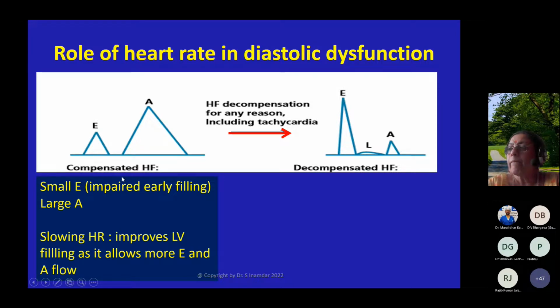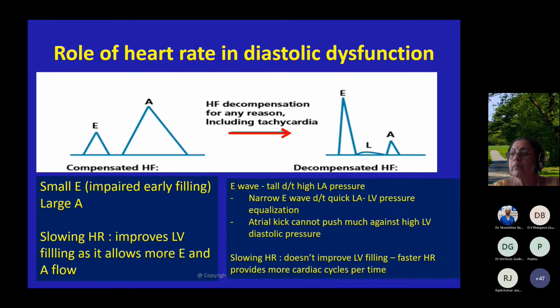So if tachycardia occurs at this stage, you can give a little beta blocker or any other agent to slow the heart, because there is adequate blood still remaining in the LA to push it further, and because of the increase in diastolic time, the heart will be able to pour more blood during E. So one can give a small dose of beta blocker in grade 1 diastolic dysfunction.